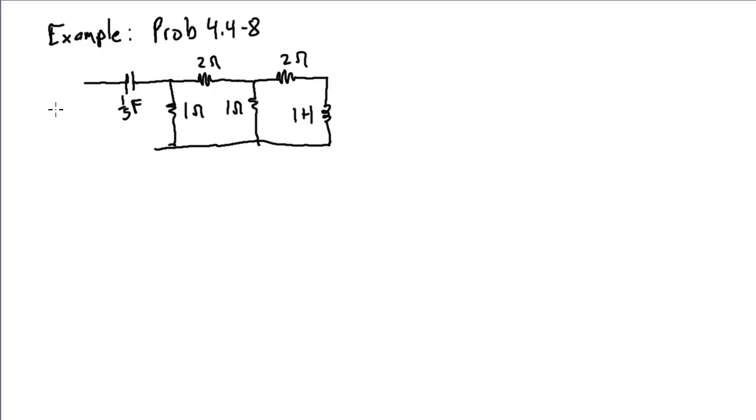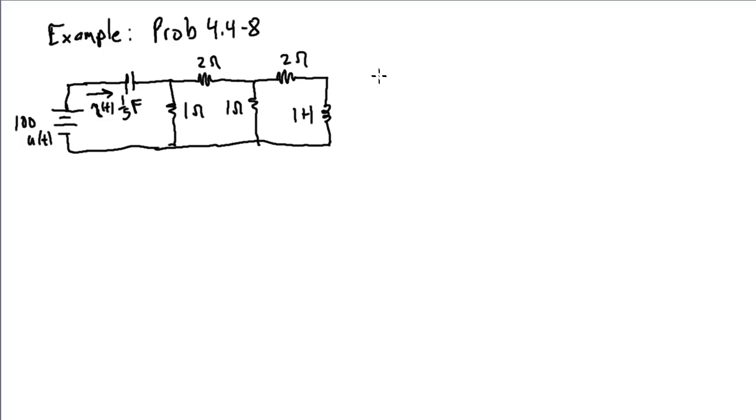And we've got a DC voltage source that's actually switched on at t equal to 0. So I can model that as 100 u of t. And we're interested in the current from our voltage source, which we'll call y of t.